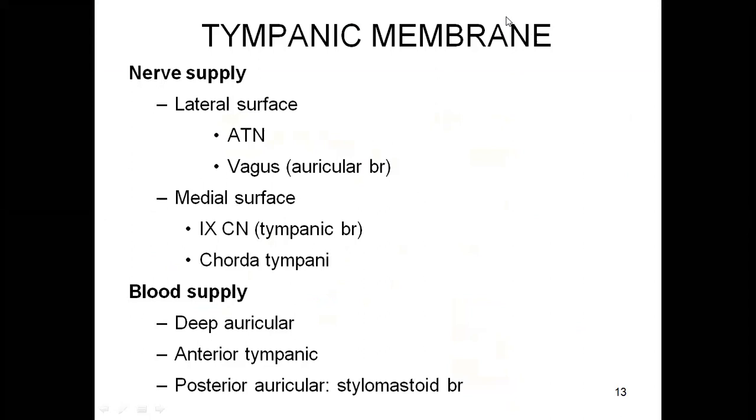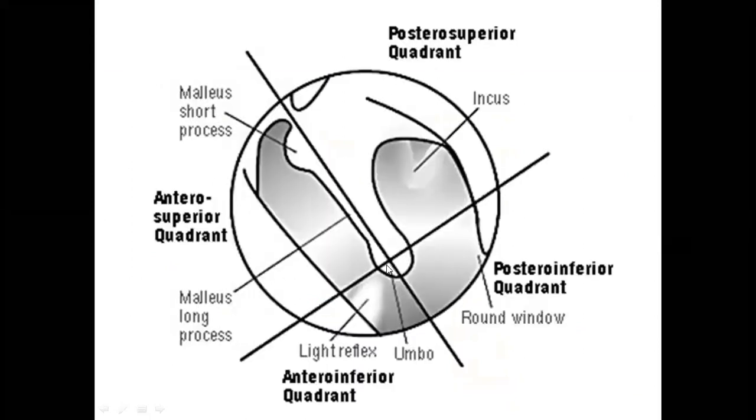Now coming to the nerve supply of the tympanic membrane. The lateral surface is supplied by the auriculotemporal nerve and the auricular branch of vagus. The medial surface is supplied by the tympanic branch of the glossopharyngeal nerve, and also chorda tympani. Blood supply comes from the deep auricular, anterior tympanic, posterior auricular and stylomastoid branches.